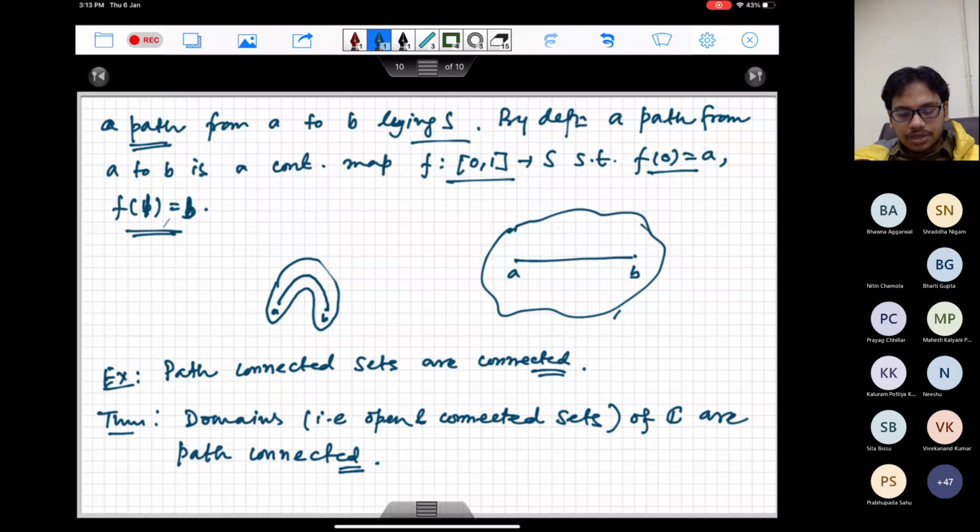The more important thing that we are going to do: when we were doing differentiation on R, we had intervals. When we had intervals, we could use various theorems, for example the mean value theorem and various other things which were typical of intervals. Now if I have some arbitrary set, whether it is open or not, let's say in R2, I don't have this kind of luxury because I don't see every set as an interval.